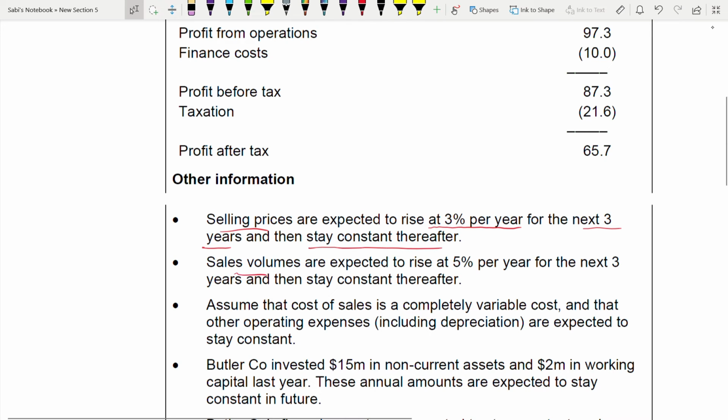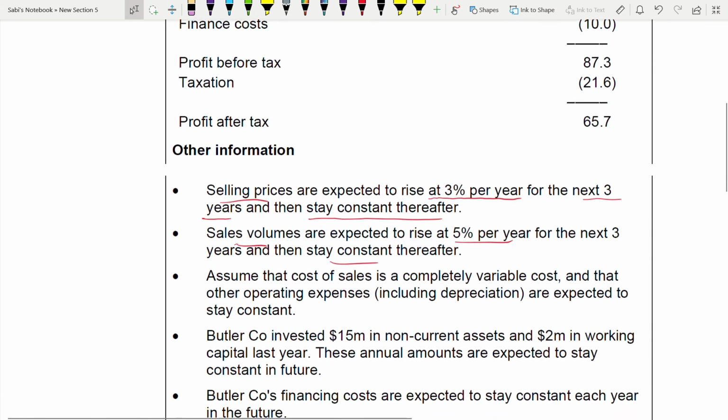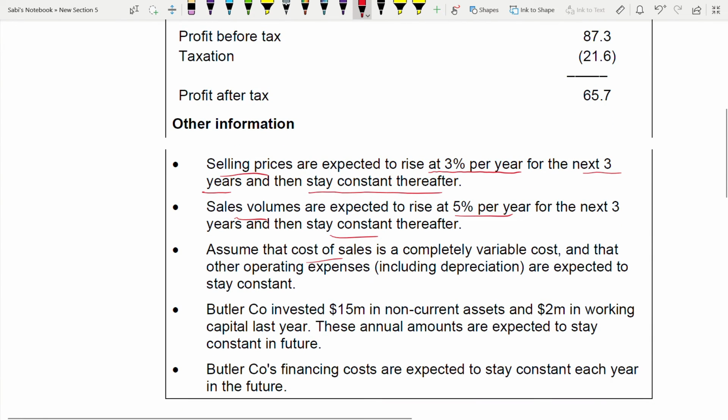Sales volume rises 5% and stays constant. Cost of sales is completely variable cost, and other operating expenses including depreciation are expected to stay constant. Investment of 15 in non-current assets and 2 in working capital, and they are constant.